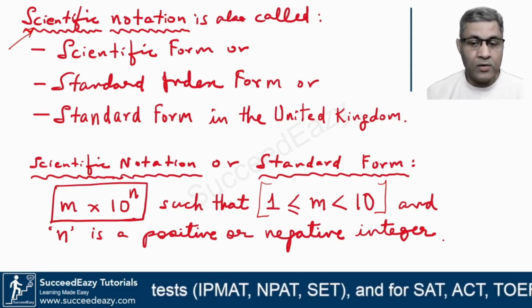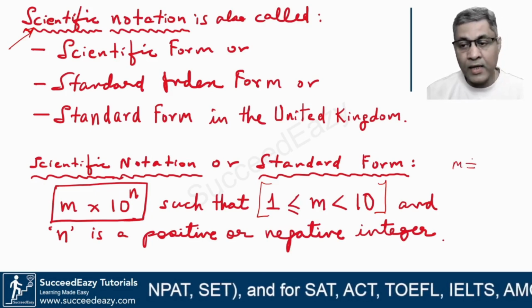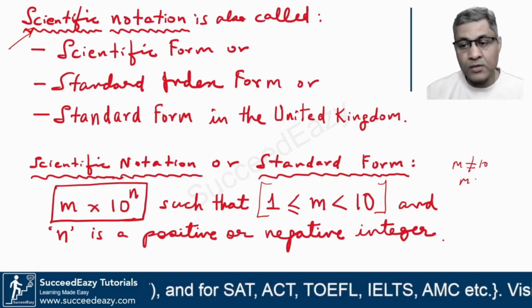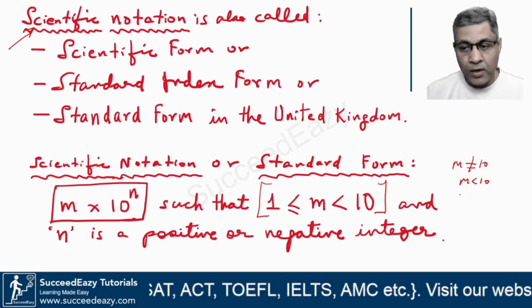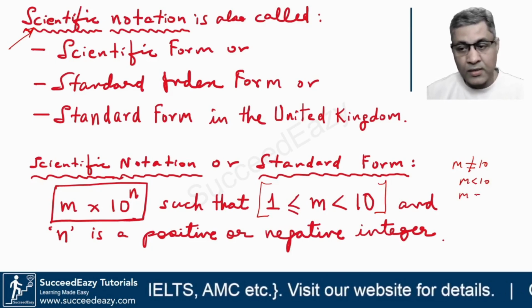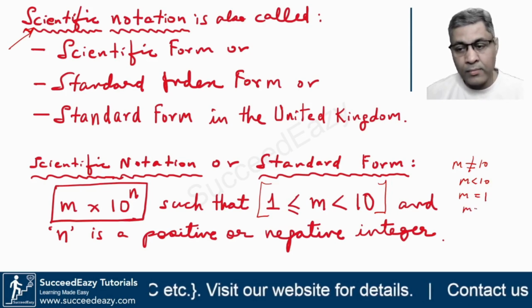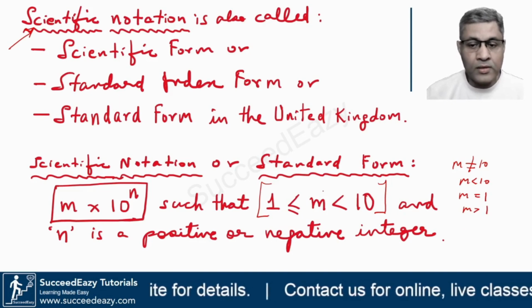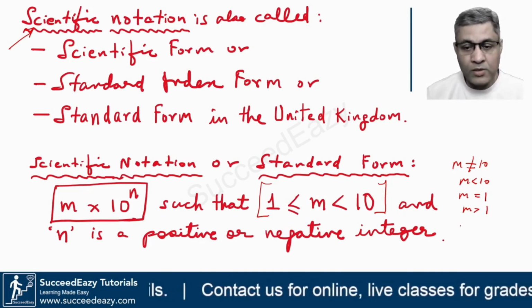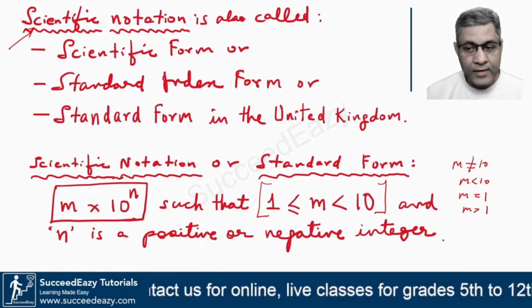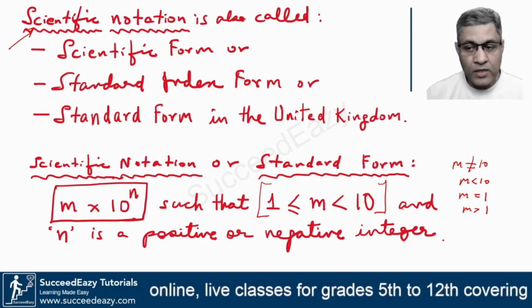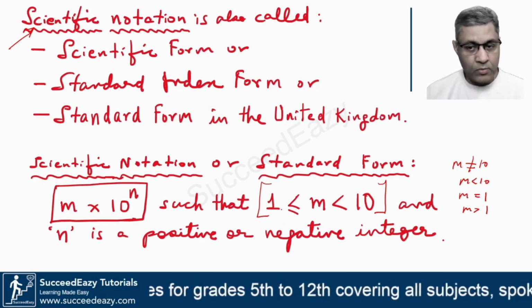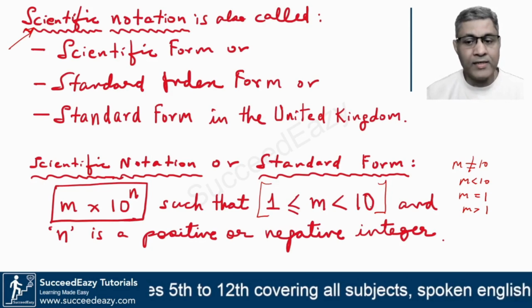That means the value of m can never be equal to 10. m is always less than 10, but m can be either equal to 1 or greater than 1. Do you get it? So this number m is always between 1 and 10, such that it could be equal to 1 or greater than 1, but surely less than 10.